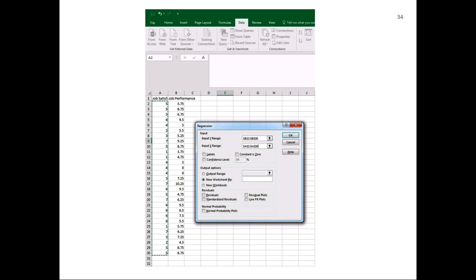So if you did not highlight your labels, push OK. If you did highlight your labels before, push the Labels button here and then push OK. That's extremely important. You will get incorrect results if you don't do this correctly. So make sure if you did include your labels before, you push that Labels button and push OK.